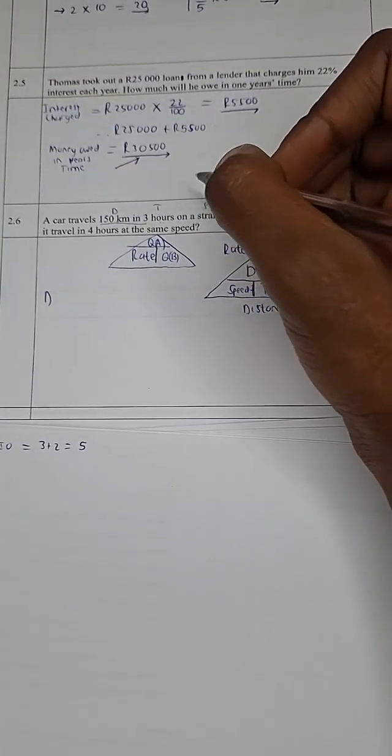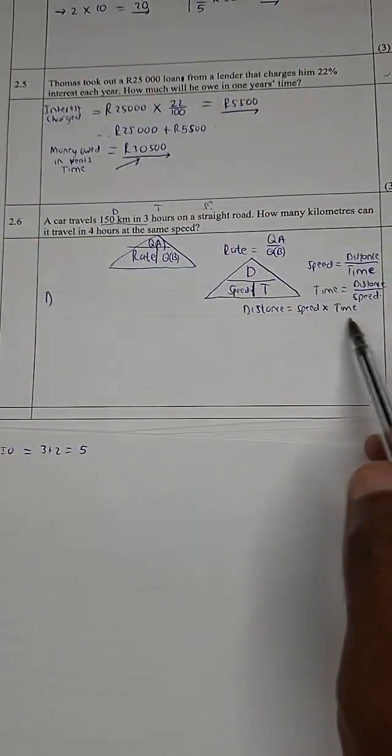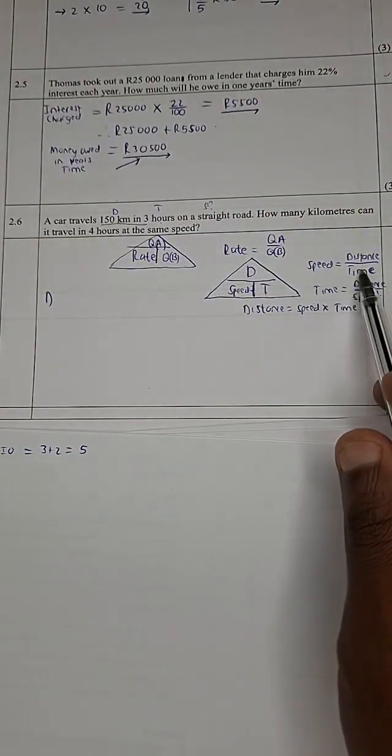Our formulas are here already. Speed is distance over time. So speed is equal to 150 kilometers divided by 3 hours, which gives me 50 kilometers per hour. That will be my speed.